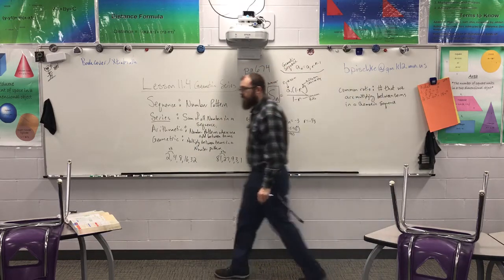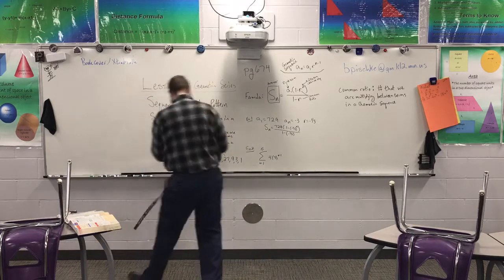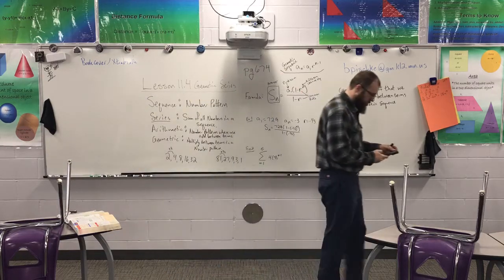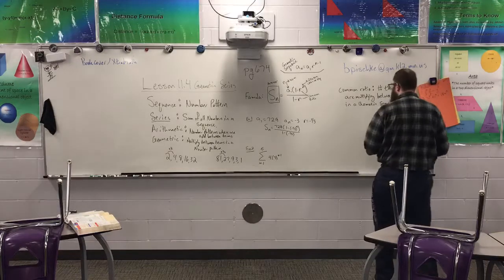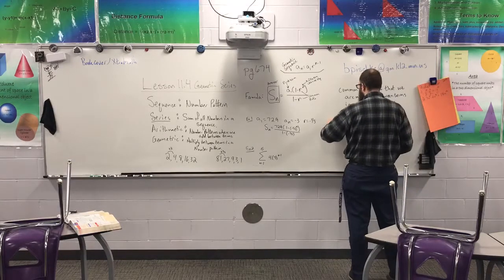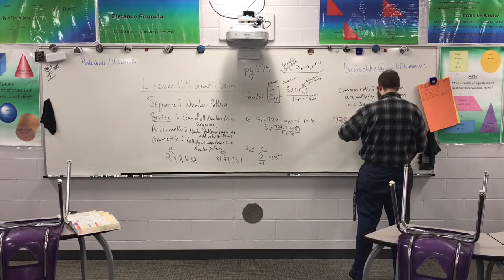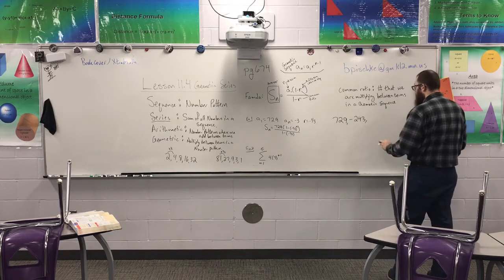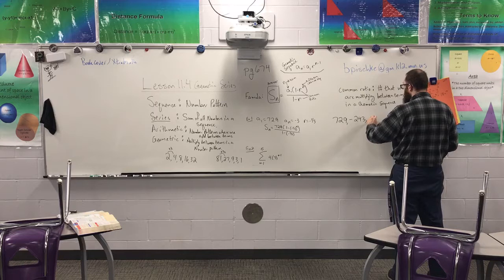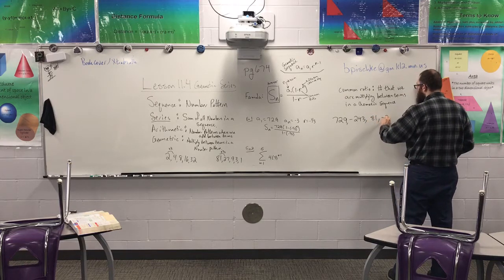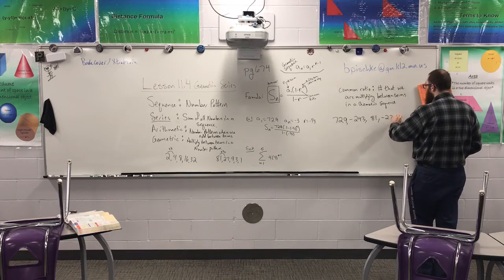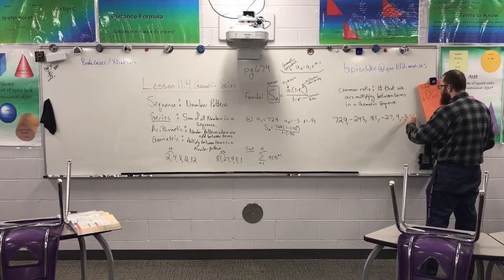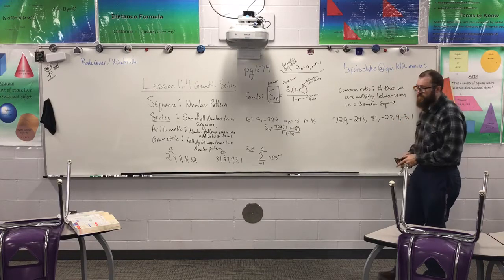So if we take 729 times negative a third, we end up with 729 and then negative 243 is our second term, becomes positive 81, and then negative 27, and then positive 9, and then negative 3, and then positive 1, etc.